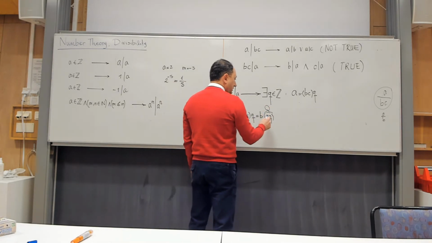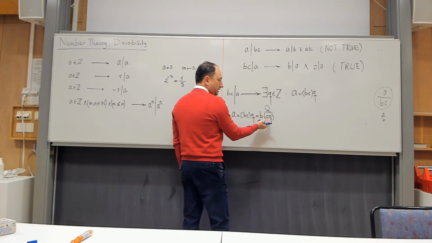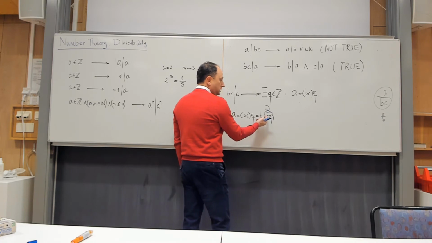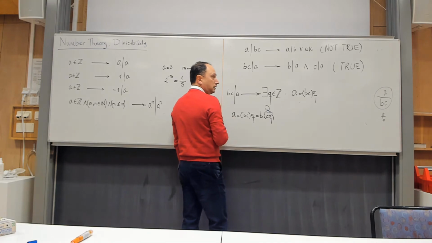So be careful about that. This is very important. You can always give a name to a combination, but the important thing in number theory is that when you give it a name, you need to make sure that it is an integer. Is it an integer? Yes. Why? Because C was an integer from the beginning.